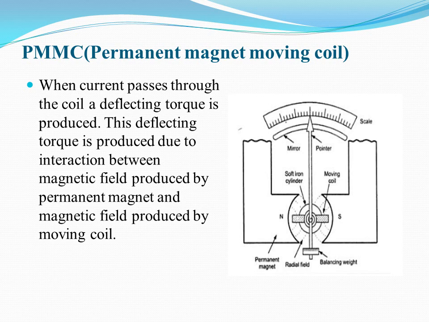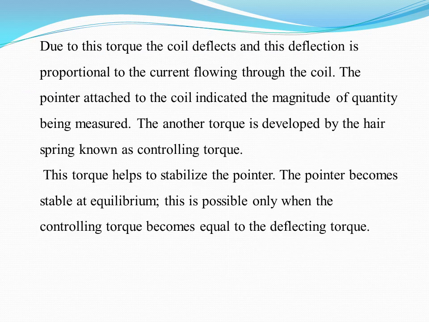Now, when the current passes through the coil, a deflecting torque is produced. This deflecting torque is produced due to interaction between the magnetic field produced by the permanent magnet and the magnetic field produced by the moving coil. So due to this torque, the coil deflects and the deflection is proportional to the current flowing through the coil.